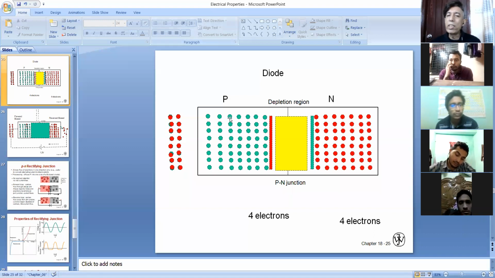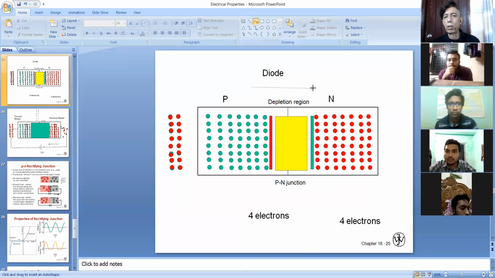Now, electricity will go in which way? Which way will electricity go? Can anyone tell? Which way will electricity go? This way, or this way?